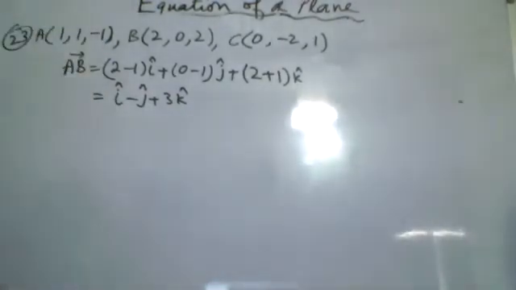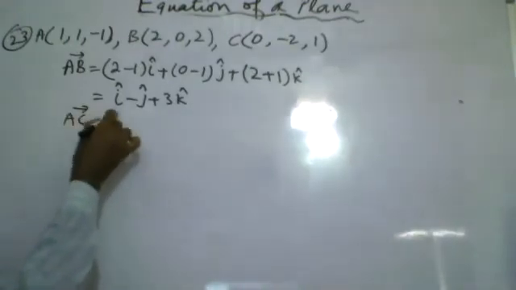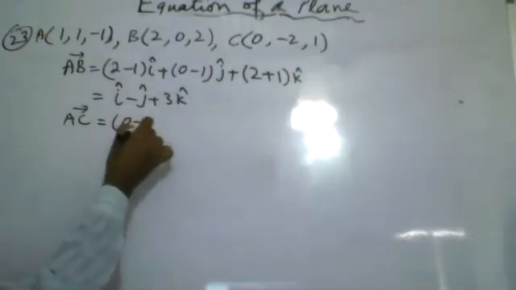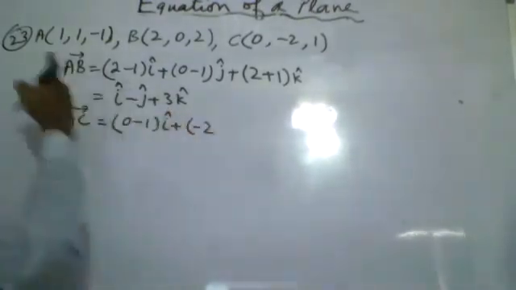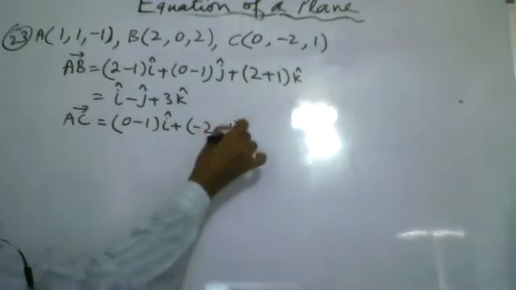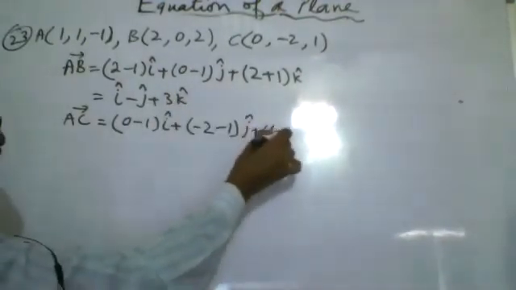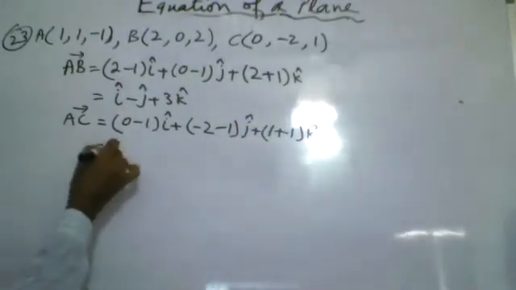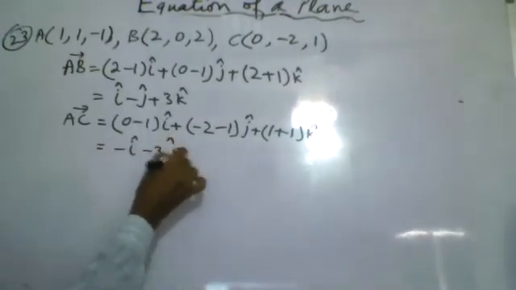In the same way, we will find vector AC. A and C: 0 minus 1 I, plus minus 2 minus 1 J, plus 1 minus minus 1, plus 1, K. It will become minus I minus 3J plus 2K.